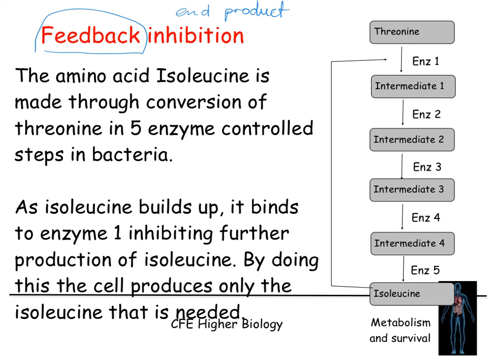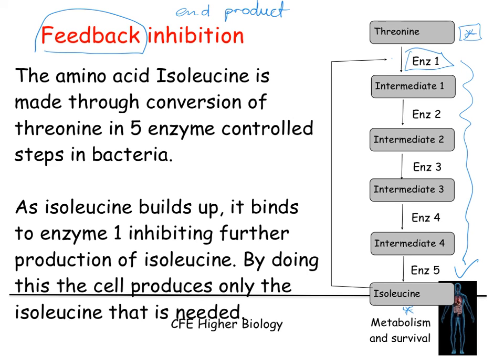So here we've got our initial substrate and we've got our enzymes that are involved in breaking that down until we get this here formed, the isoleucine. Now what happens is, as it builds up, the isoleucine actually binds to an area on this enzyme here, on enzyme 1.